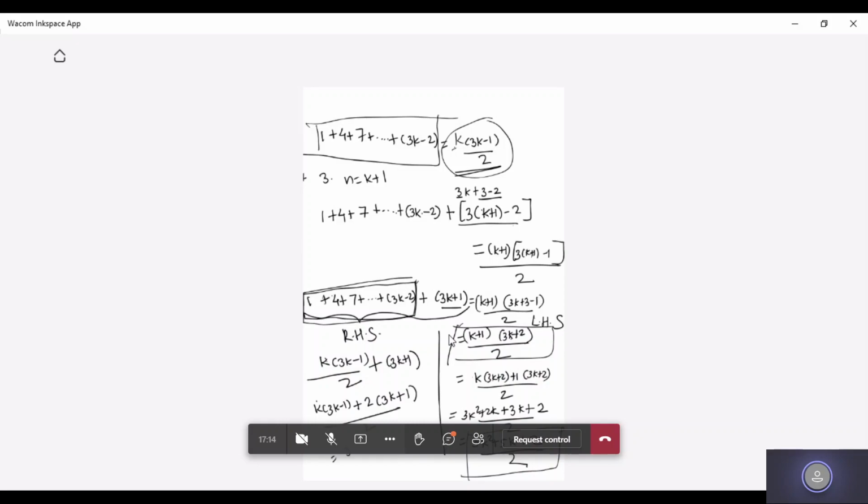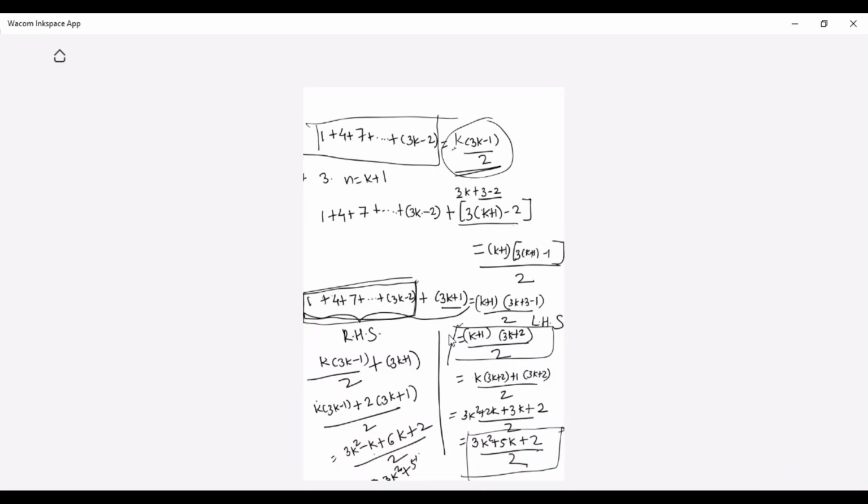So it would be 3k square minus k plus 6k plus 2 divided by 2. So what is the final equation I'm getting? 3k square plus 5k plus 2 divided by 2.